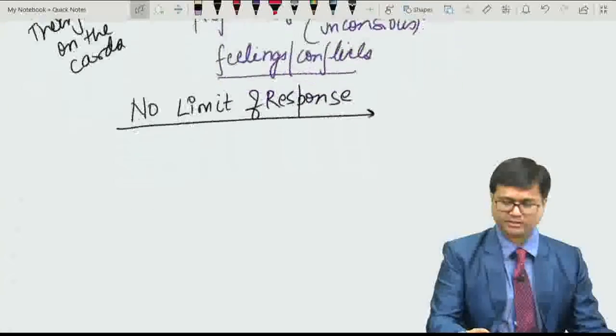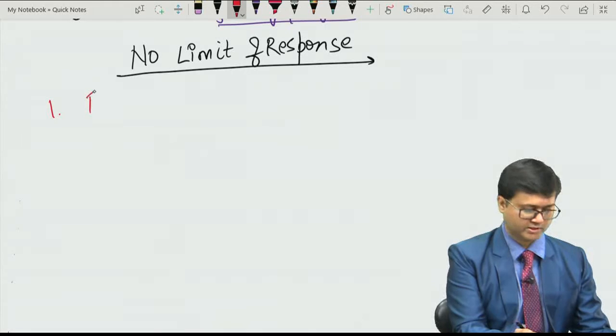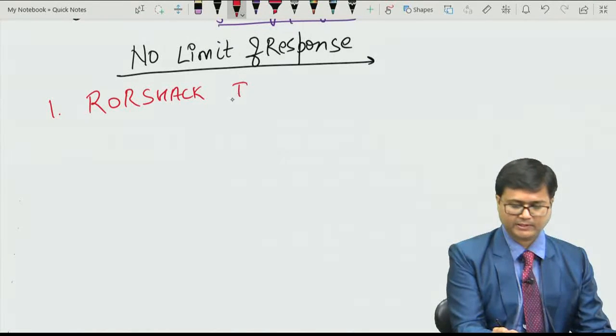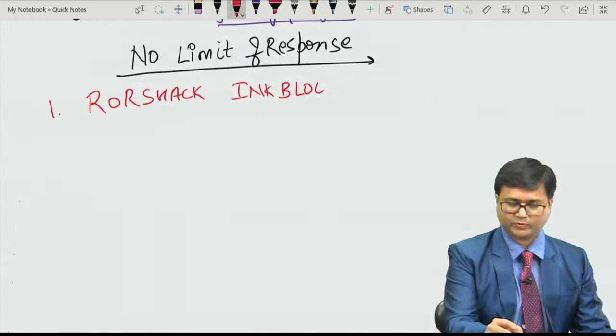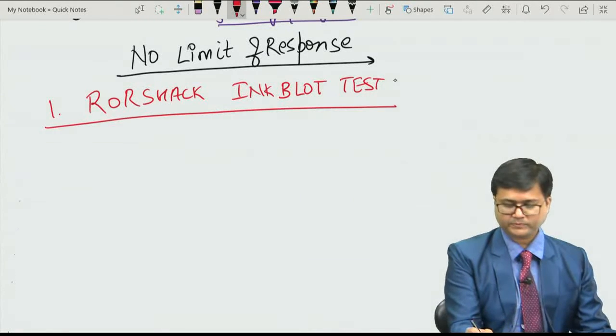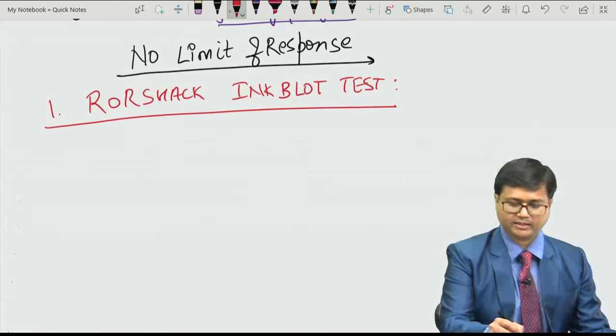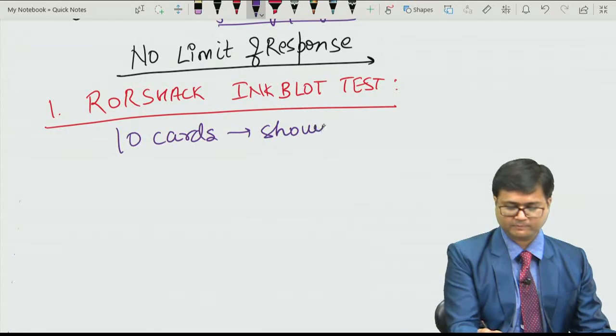Now let us discuss some of the important projective personality tests. The first is the Rorschach ink blot test. In this test there are 10 cards which are shown, which are ink blots.